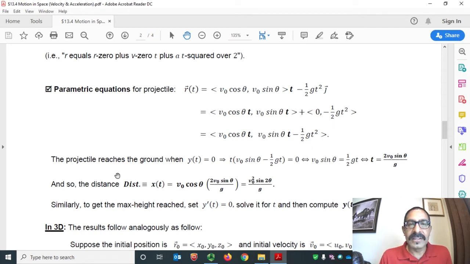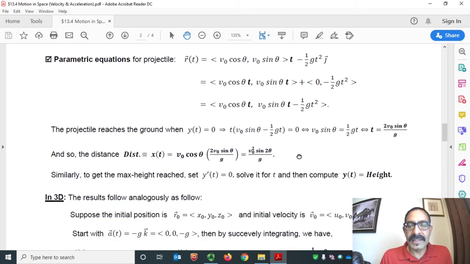The projectile reaches the ground when y equals 0. That means this y component equals 0. Simplifying, this gives us the time t equals 2 v0 sine theta over g.